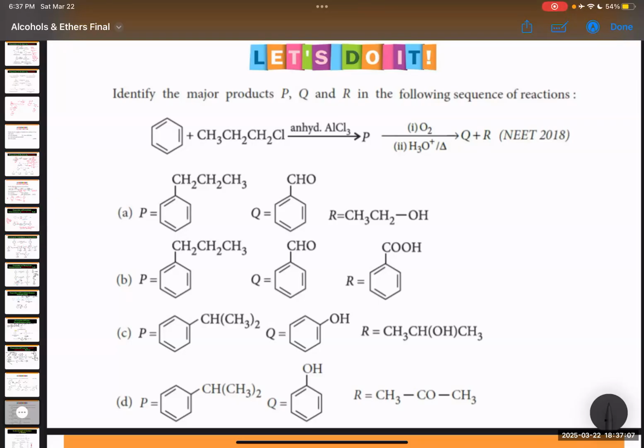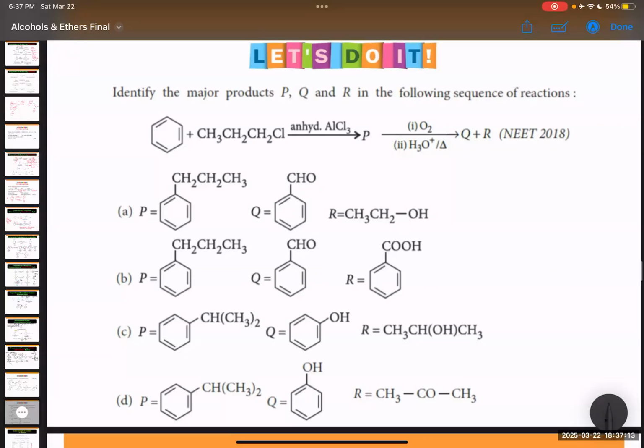And for alkylation, the reaction took normal propyl chloride. You can notice this is normal propyl chloride, not the isopropyl chloride, because in iso the Cl is connected in the middle. And then you have anhydrous AlCl3, which is the catalyst of Friedel-Crafts reaction. This is Friedel-Crafts reaction. So Cl is going to come out, that is sure, by AlCl3, which is a Lewis acid catalyst.